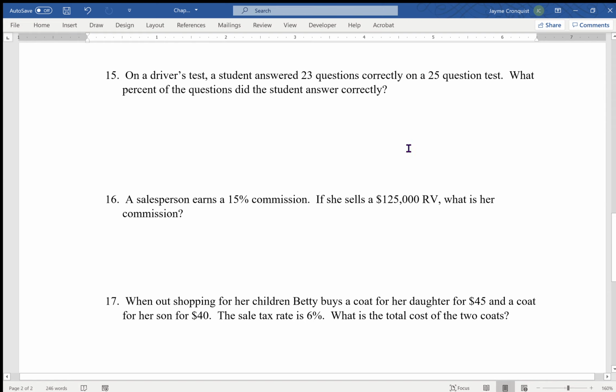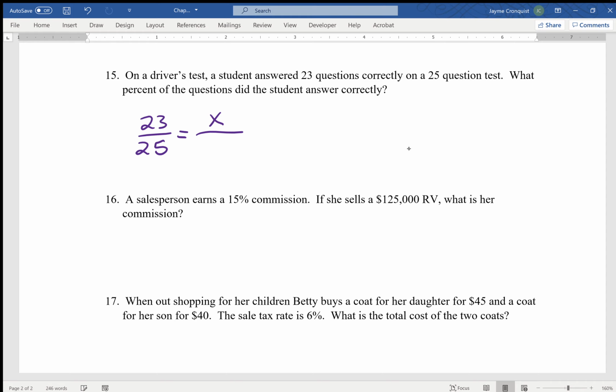All right, a driver's test. A student answered 23 questions correctly on a 25-question test. So we have 23 is to 25. What percent? So that's my x over 100. Cross multiply, extremes and means. 25x equals 2300.